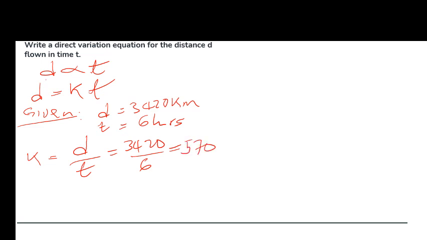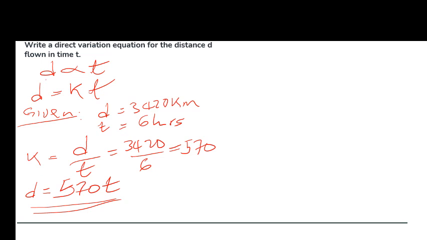So we substitute k into our equation, which means d will be equal to 570t. This is our direct variation equation for distance d in time t.